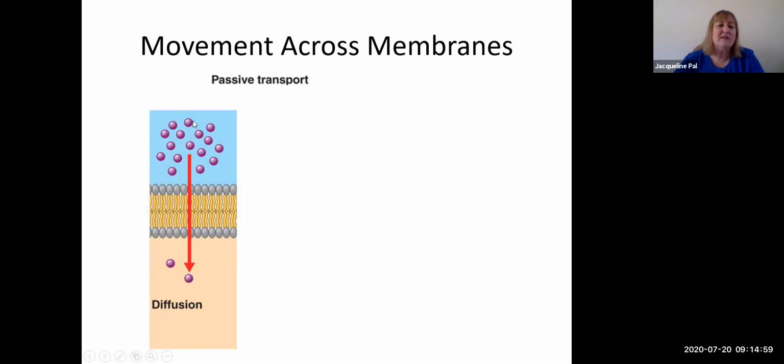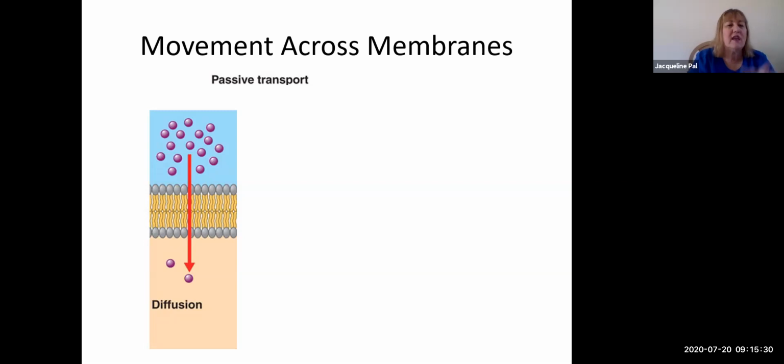In all types of passive transport, something moves from where there is a higher concentration of it across the membrane to where there is a lower concentration of it. This is what you see when you put your tea bag in the water. You can see the tea moving away from the tea bag. That is passive transport, specifically the type known as diffusion.